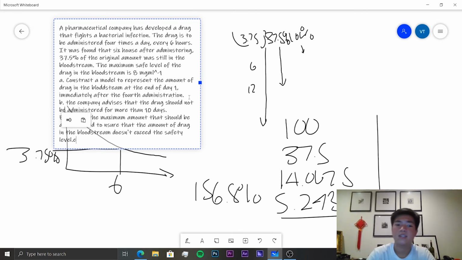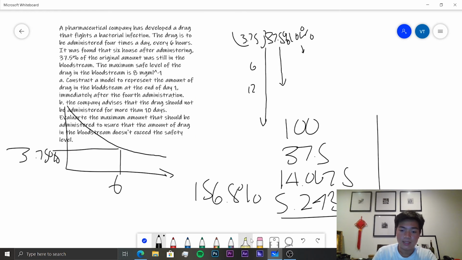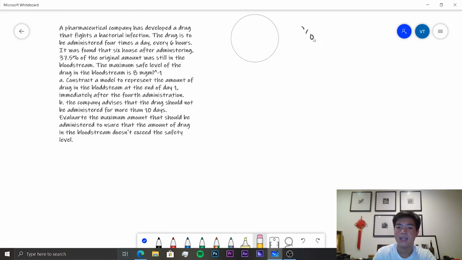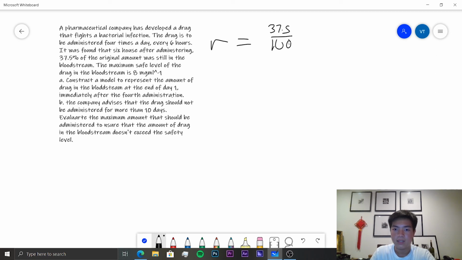Okay, so I think what we have to do more or less is just get the sum of the first 10 terms and make sure that's less than the 8 milligrams they specified. So we know the common ratio between terms is 37.5 divided by 100. It's only 37.5% of the original. And the first term is obviously 100.